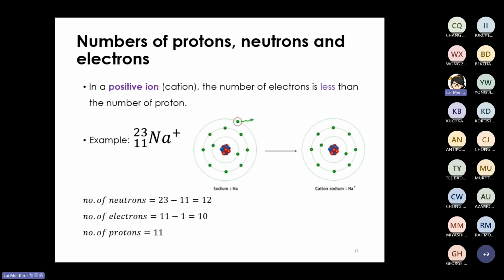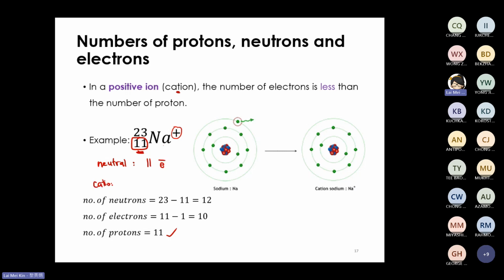And the number of neutrons will be nucleon minus proton. And lastly, we have the positive ion, also known as cation. For example, here I have a positively charged sodium. Number of protons, very direct, you can look from here. It's the same as your atomic number. So what does it mean to have a positive charge? In neutral, I have 11 electrons.